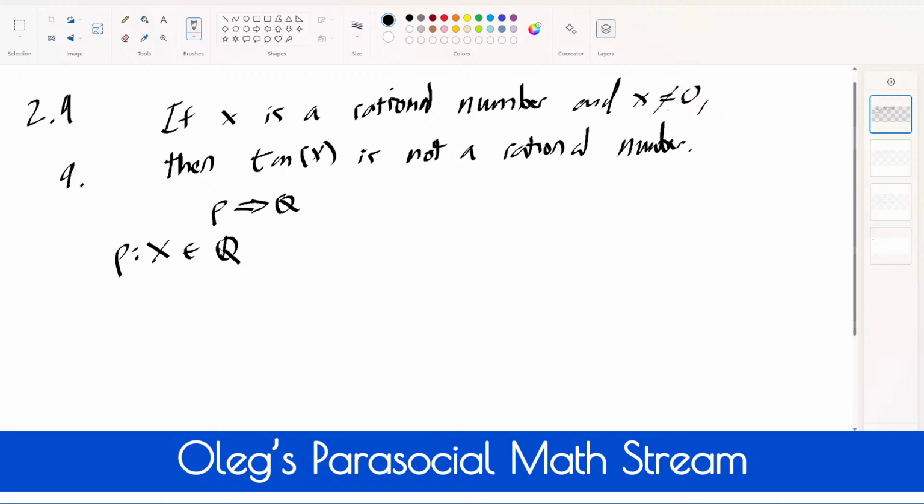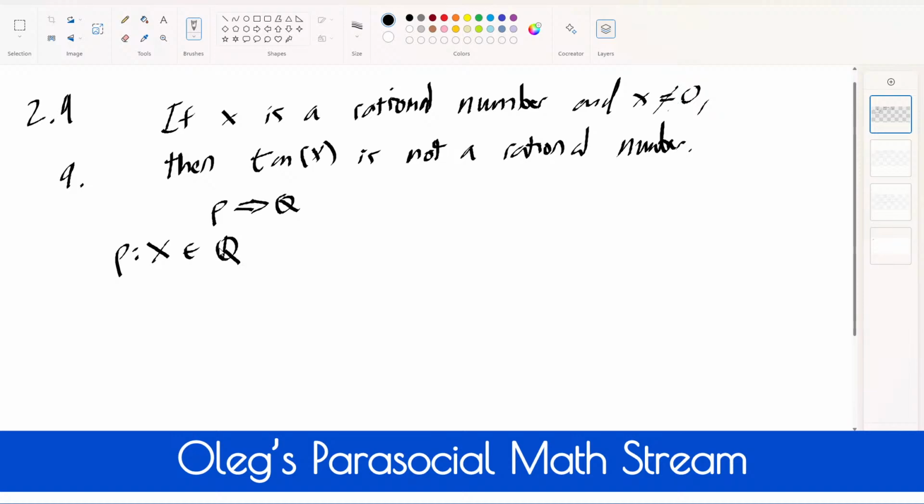We think of it as quotient, and these are rationals. Of course, quotient is a fraction, or ratio.